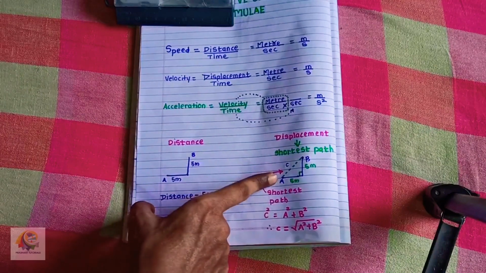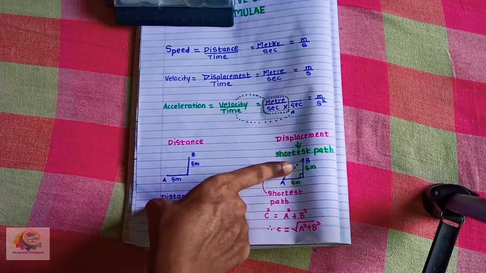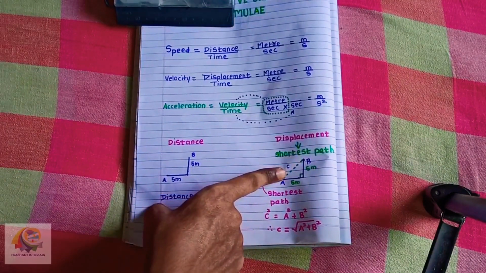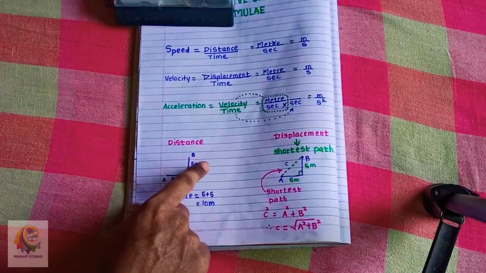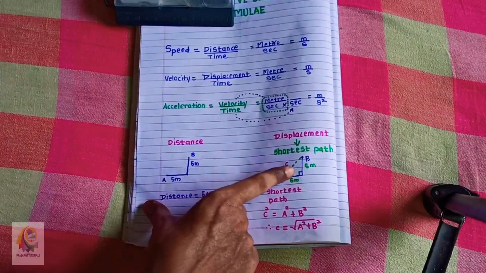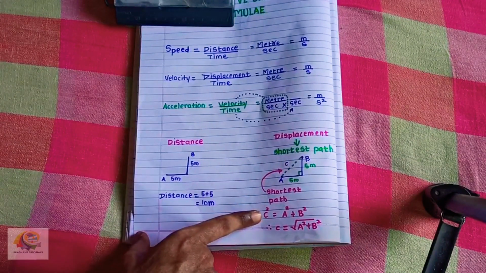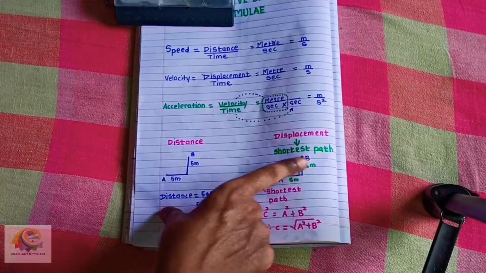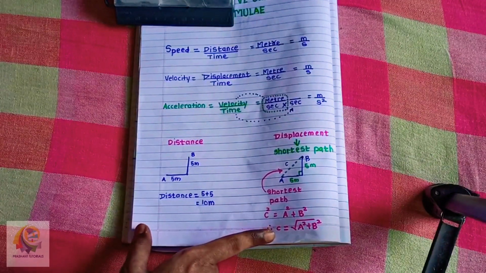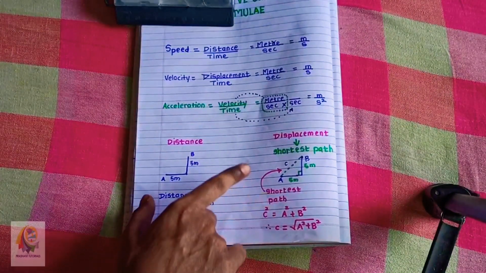Now as you can see, from A to B there is a shortest path here, which we named C. It forms a right angle triangle, so the hypotenuse here is the square root of A square plus B square. So we can find the shortest path.